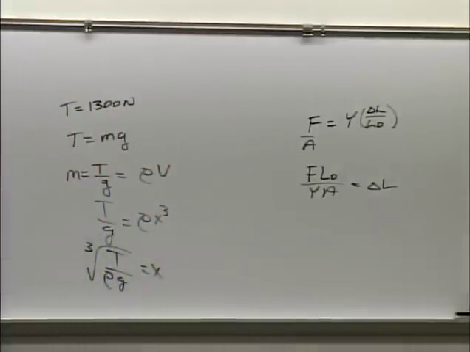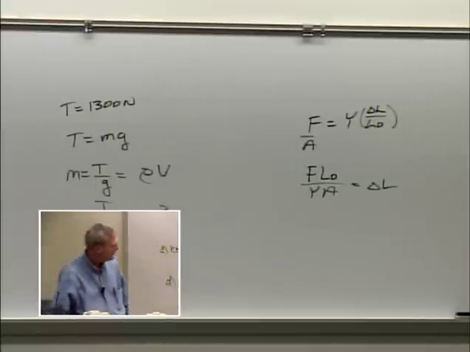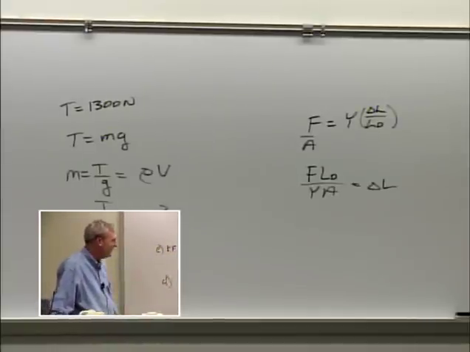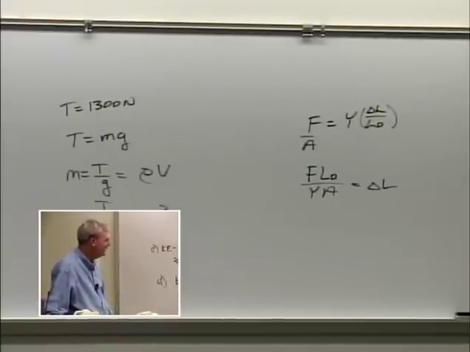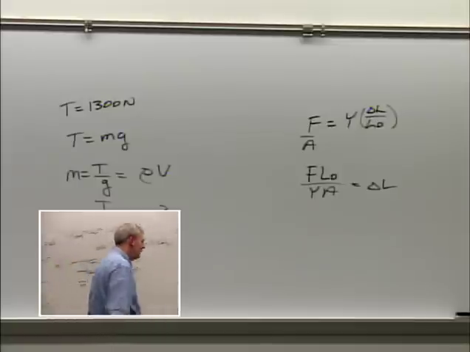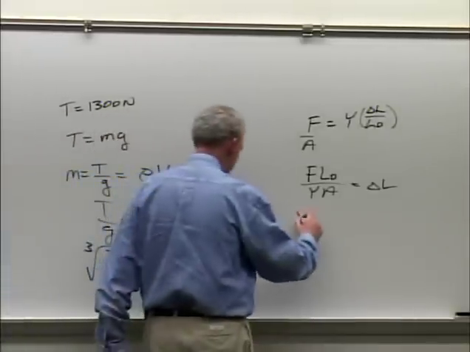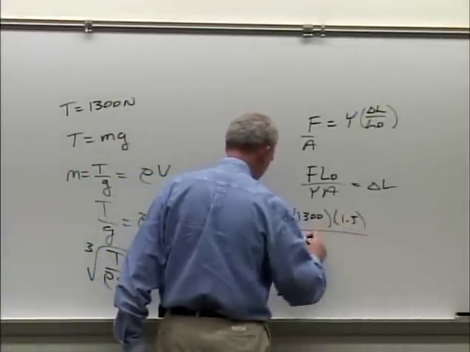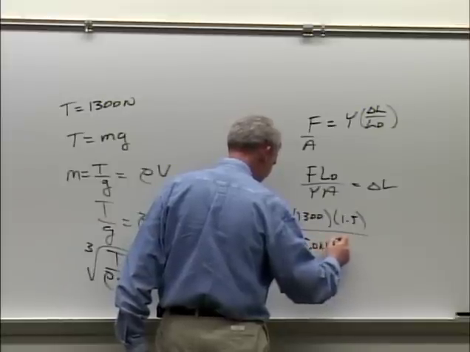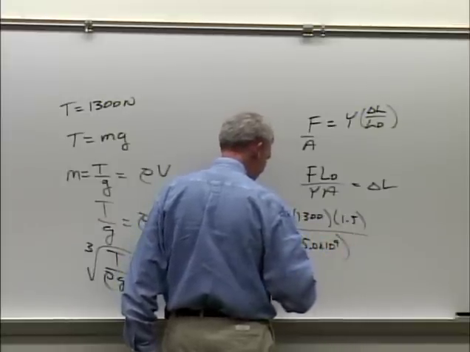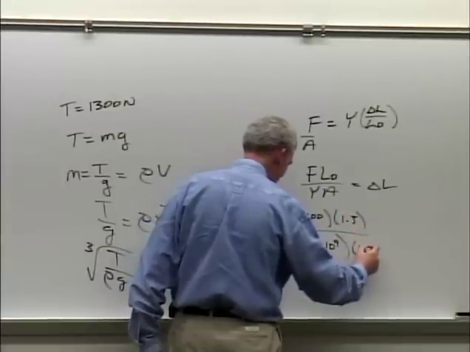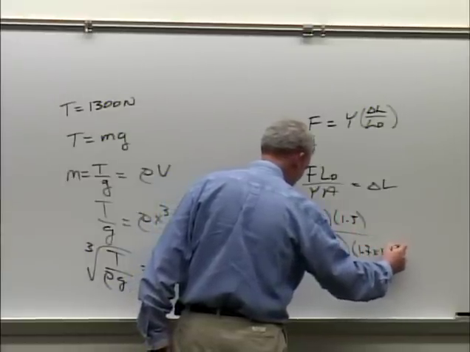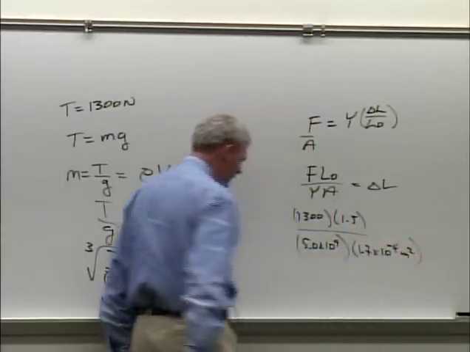And the biggest problem that people have is putting scientific notation, those big screwy numbers, in their calculator. So if you got that far, I gave you at least 3 points if you showed that. I was like, okay, at least, and you put the right numbers in there, and you showed that this was 1,300, this was 1.5, this was 5.0, I think, times 10 to the 9th for nylon, and A was 1.7 times 10 to the negative 4th meters squared. Yep.